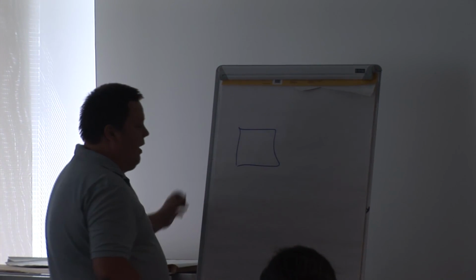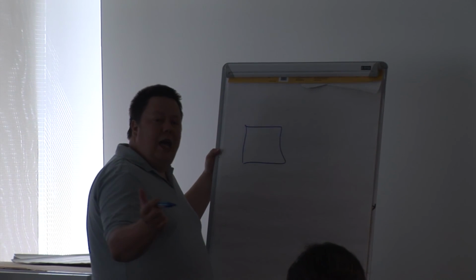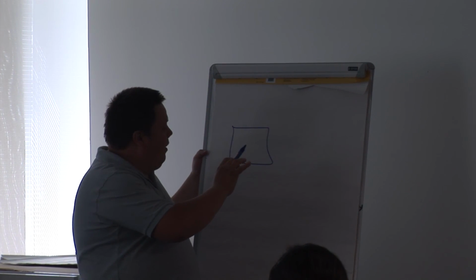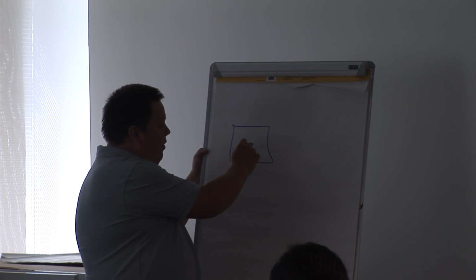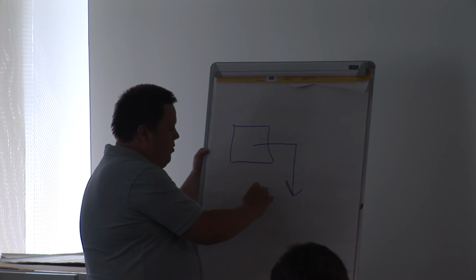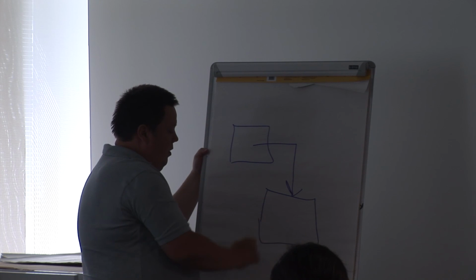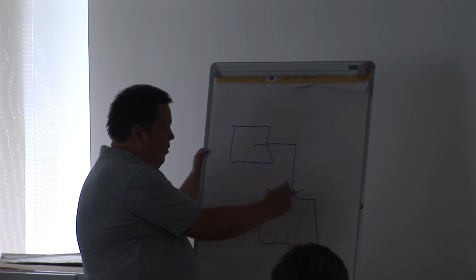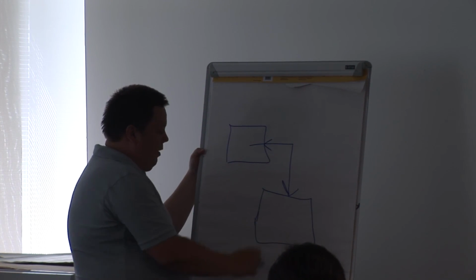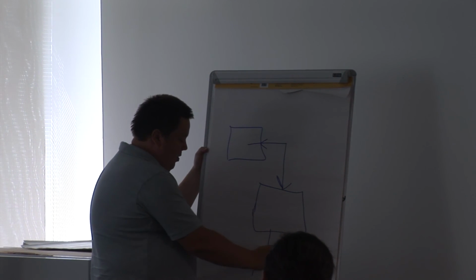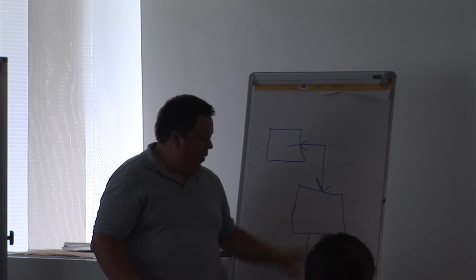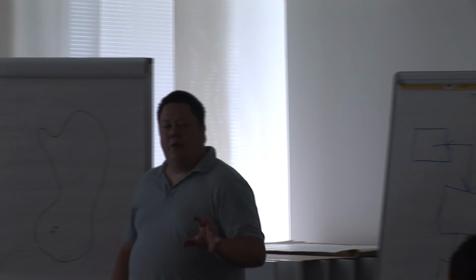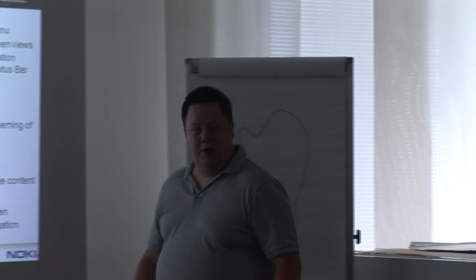The user navigates using the tabs, using the actions in any of the items we have here. The user navigates to another view, and then the user can of course navigate back, and the user can go to another view. Sounds stupid, but this is the skeleton of your whole application.